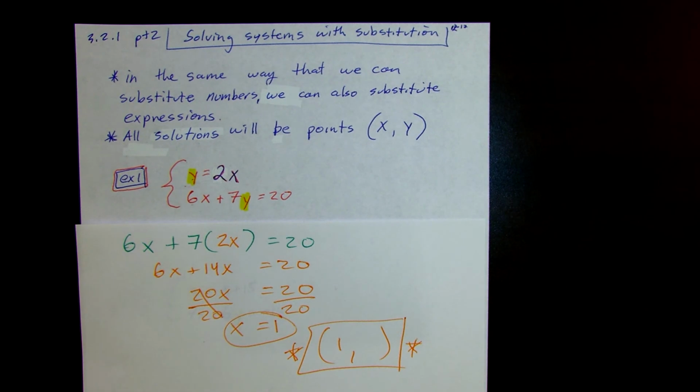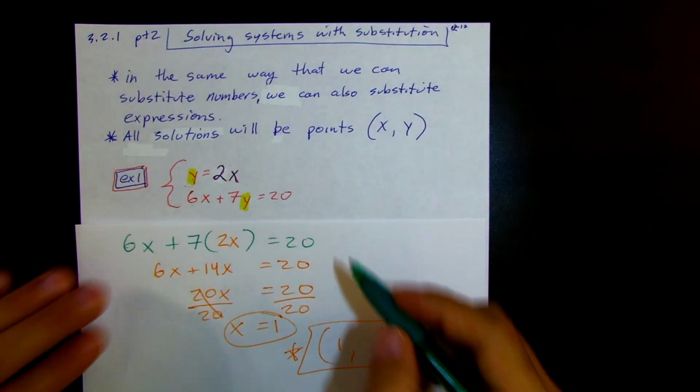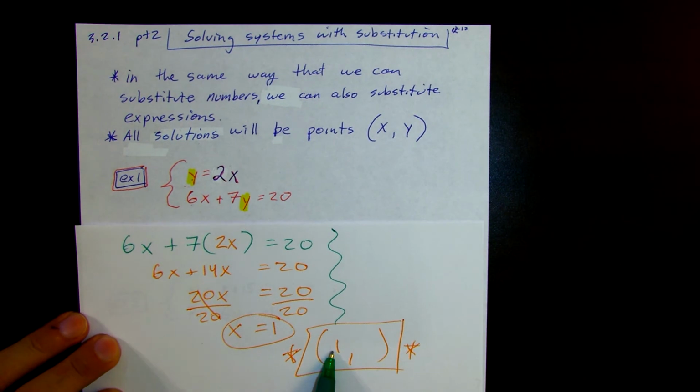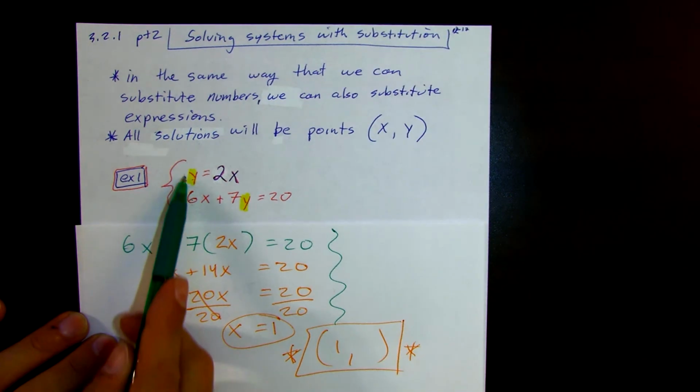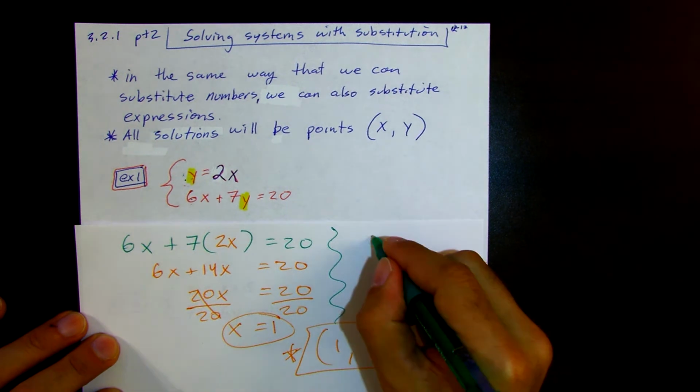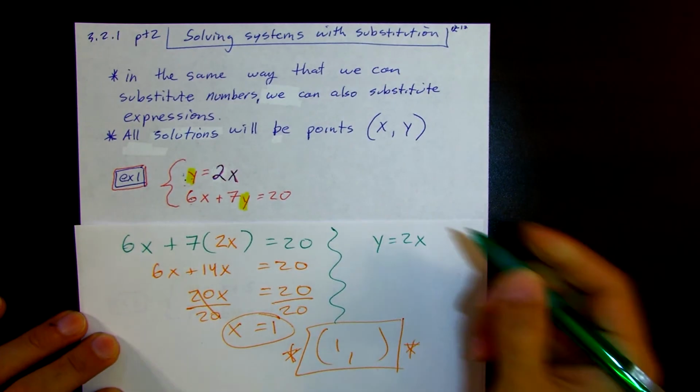And the exact same step for the second part with either substitution or elimination is to take what we know, x, and find what the y is. I'm looking at these two original equations. There's definitely one that is easier to work with. I'm thinking that top one will be easier to work with.